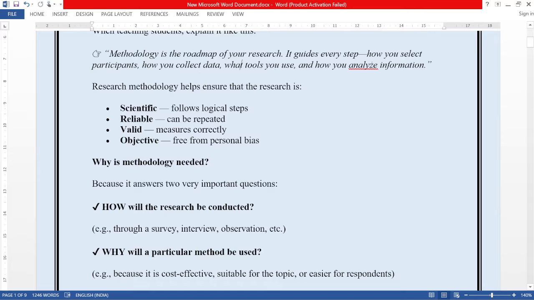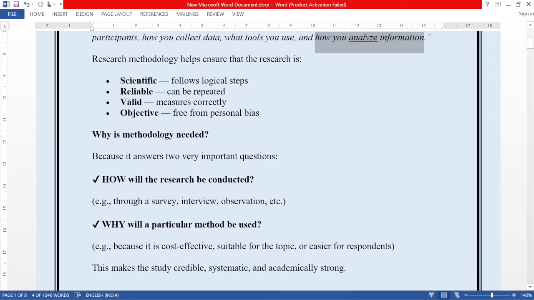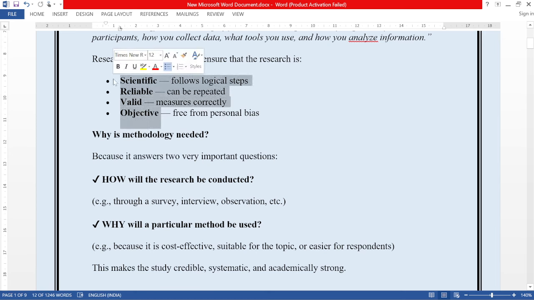Okay, how you select participants, how to collect data, and what tools you use. So this is basically research methodology. Research methodology helps ensure the research is scientific, reliable, valid and objective. So research methodology gives your research work a particular way in which your research flows.